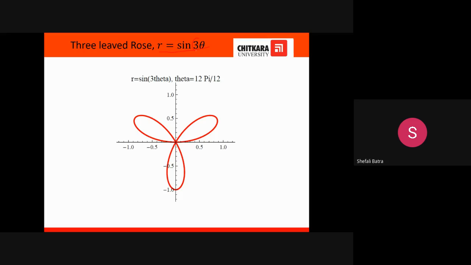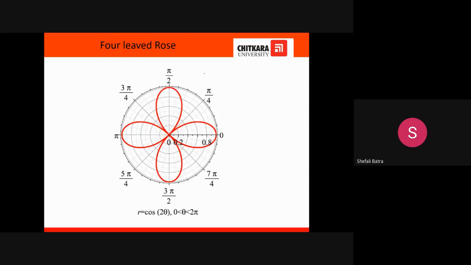If n is odd, then you will be getting an odd number of leaves, right? 1, 2, 3. This is a 4-leaved rose. The equation is r is equal to cos 2 theta. If this is an even number, then you will be having 2n leaves, right? This is 2, then in your curve you'll be getting 4 leaves. This is 1 leaf, 2nd leaf, 3rd leaf, and 4th leaf, right?